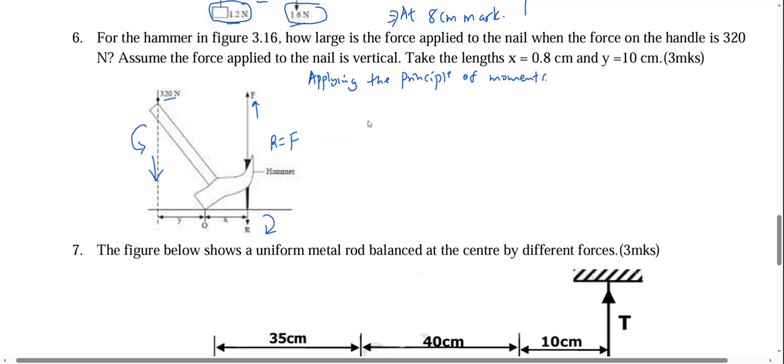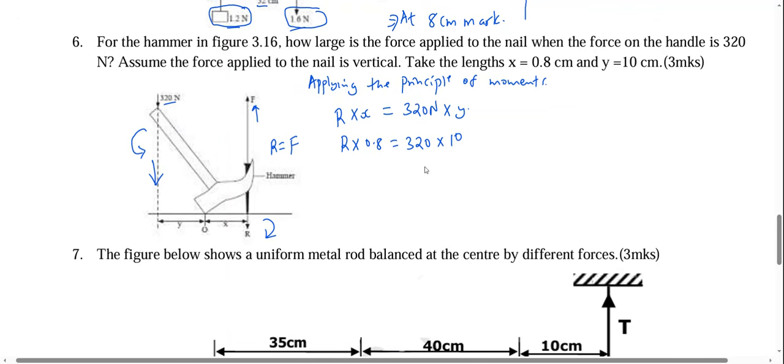Therefore, the clockwise moment, which is R multiplied by its perpendicular distance x, should be equal to the anti-clockwise moment, which is 320 Newton multiplied by its distance y. Therefore, we have R multiplied by 0.8 is equal to 320 multiplied by 10.